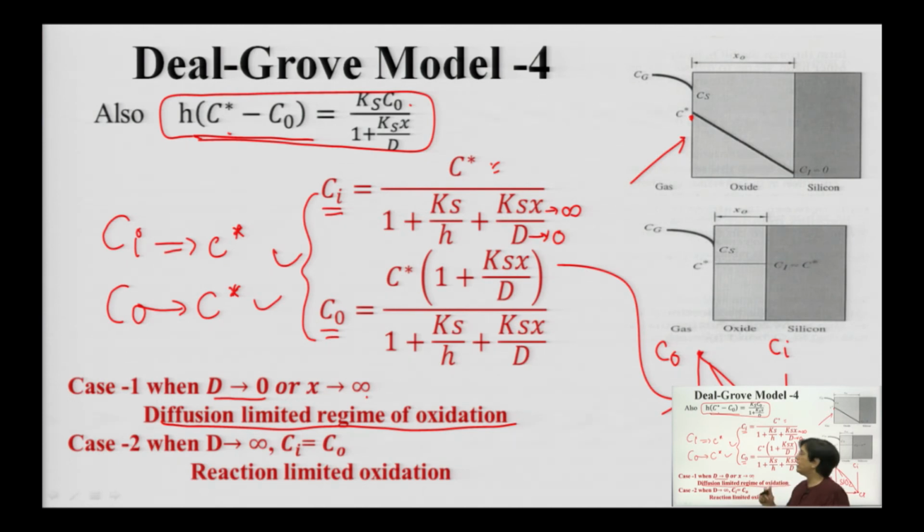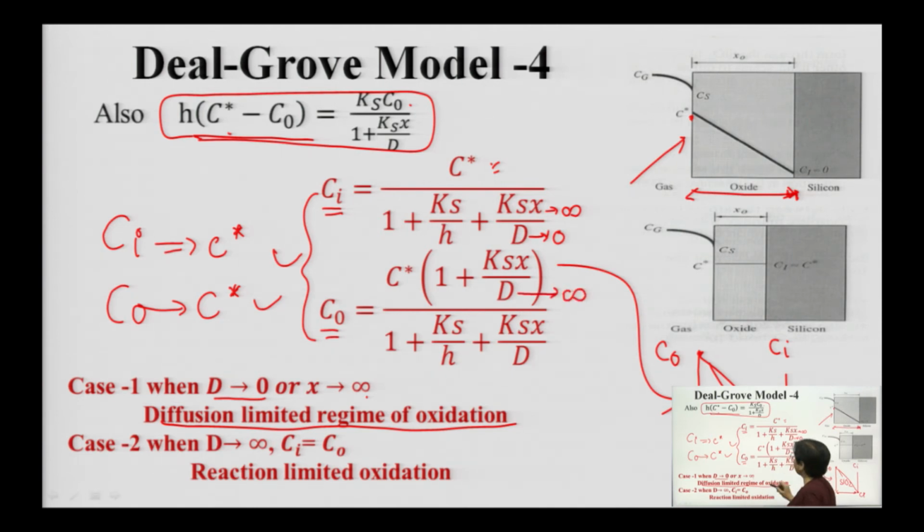If x is very large, that means a very large oxide depth, with large growth of oxide, then slowly the interface concentration is approaching 0.